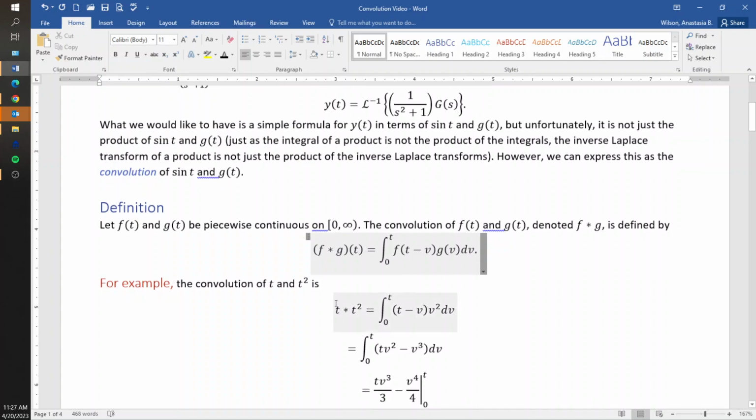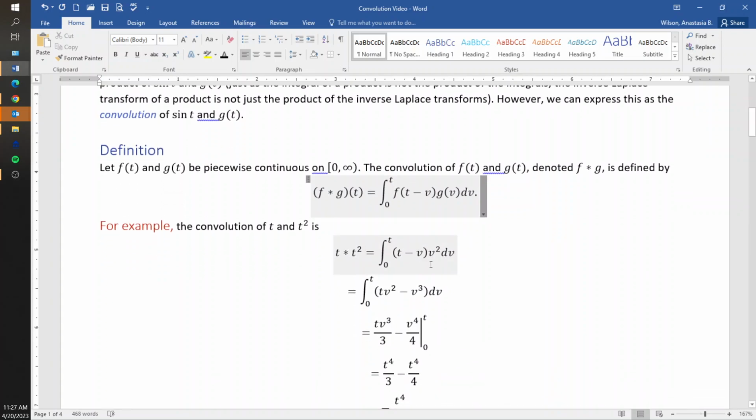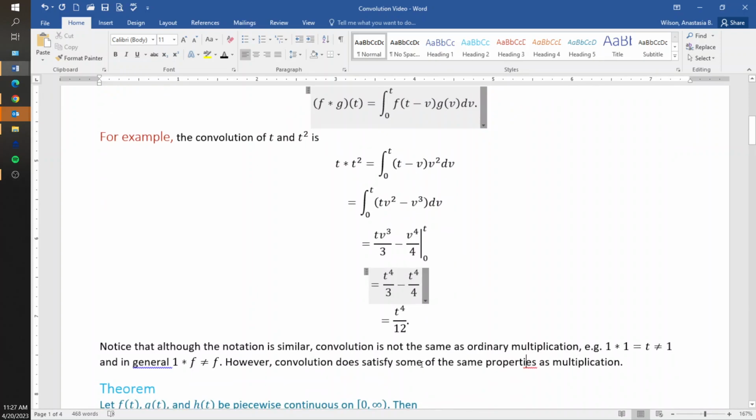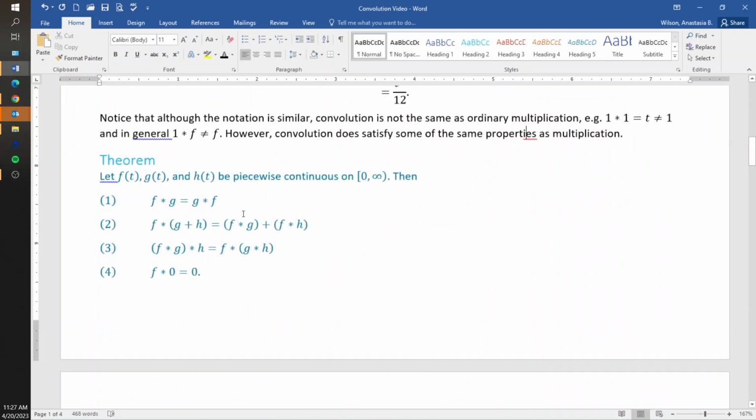Like in this case, it was much easier to substitute t minus v into t, because if we had substituted in for t squared, then it meant that we would have had to square t minus v, and it still would have been doable, but it would have been more work. So in this case, whether we had done t squared star t or t star t squared, the order does not matter. You would get the same final answer either way. So that one can be very helpful sometimes.